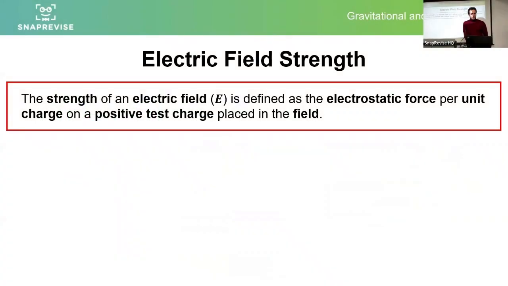Okie dokie. In red, it says the strength of an electric field is defined as the electrostatic force per unit charge on a positive test charge placed in the field. So gravitational field strength was the gravitational force per unit mass.